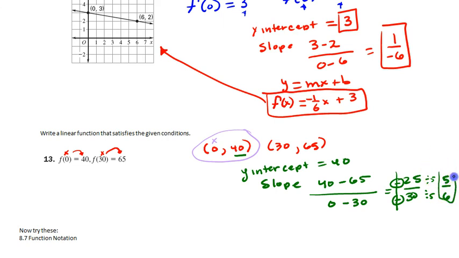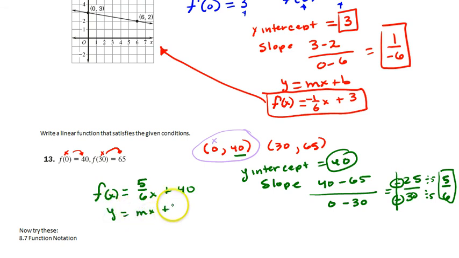So now I know my slope and I know my y-intercept, so I can write my equation. The function of x, or the f of x, equals, I'm going to insert my slope, 5/6 x plus my y-intercept, 40. So it's like y equals mx plus b.